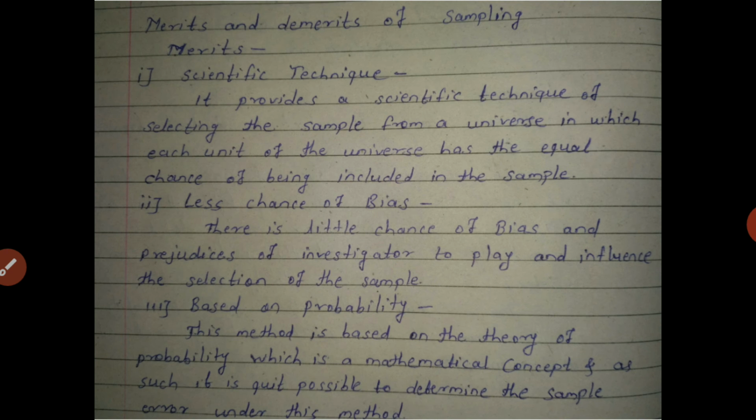So there is less chance of bias. Then based on probability, this method is based on the theory of probability, which is a mathematical concept, and as such it is quite possible to determine the sample error under this method. So these are some merits.